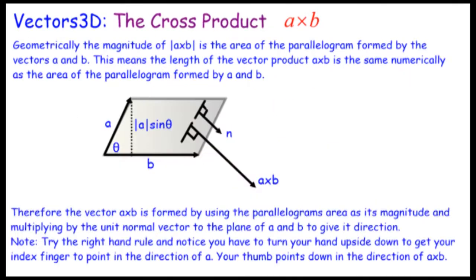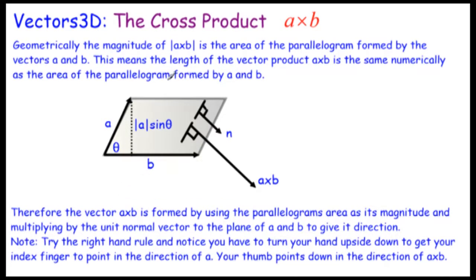Now, geometrically, you can also say that the length of A sine theta is this height here. If you multiply that by the length of B over here, you'll get the area of this parallelogram. We could use this idea to find areas of triangles, because we're going to cut them in half as well.